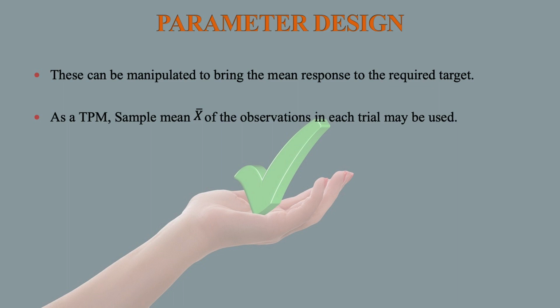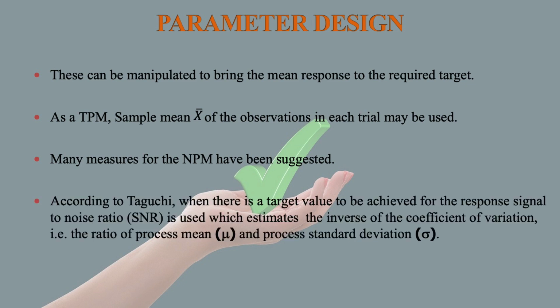As the TPM, the sample mean x bar of the observations in each trial may be used. Many measures for the NPM have been suggested. According to Taguchi, when there is a target value to be achieved for a response, the signal to noise ratio, that is SNR, is used, which estimates the inverse of the coefficient of variation, that is the ratio of process mean and the process standard deviation.